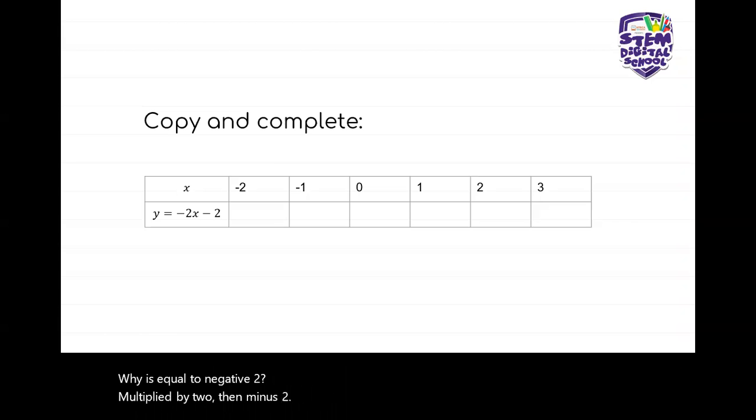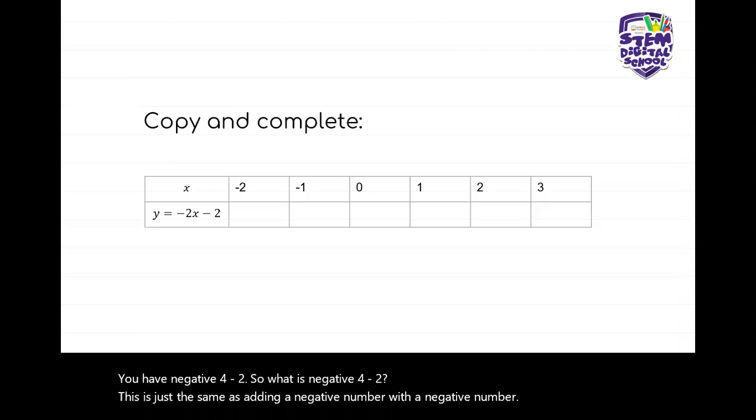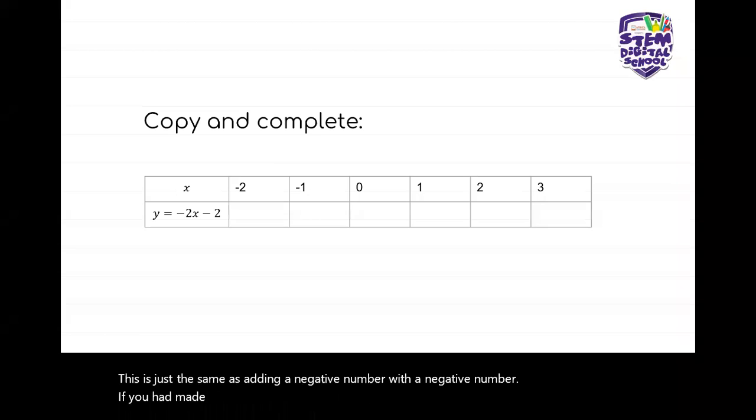So y will be equal to -2 times 2, which will be -4. And then, of course, you have -4 minus 2. So what is -4 minus 2? This is just the same as adding a negative number with a negative number. If you add -4 and -2, one student says -4. Remember, you're adding 4 and 2.